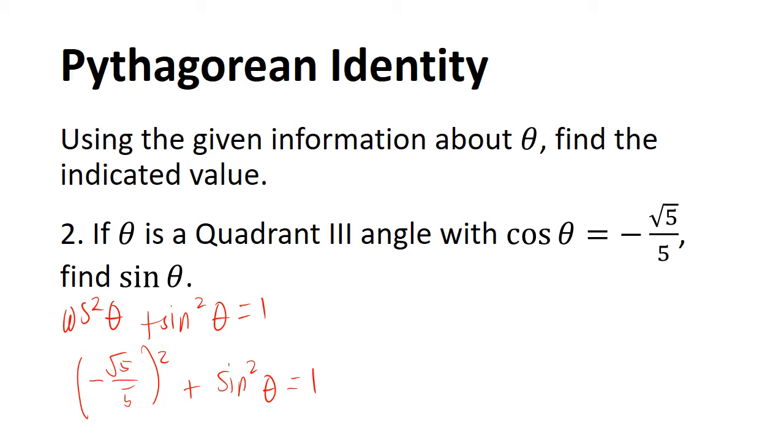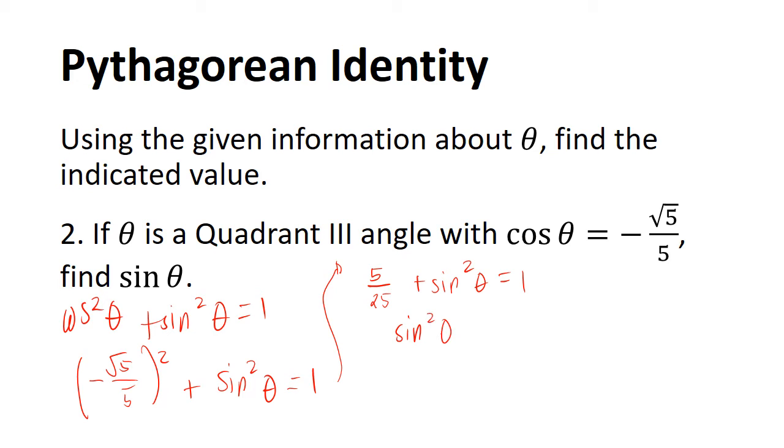We get, where should I write this? Okay, here. When we square that, it becomes positive. Then, square root of 5 squared is 5. In the denominator, 5 squared is 25. Plus sine squared theta equals 1. 5 over 25 is also equal to 1/5.